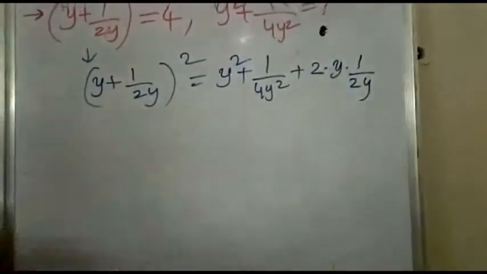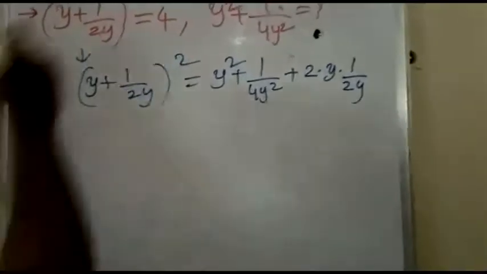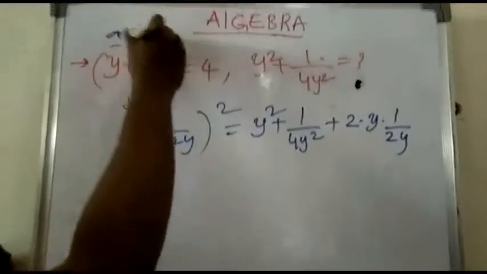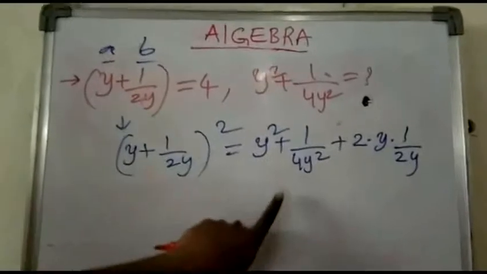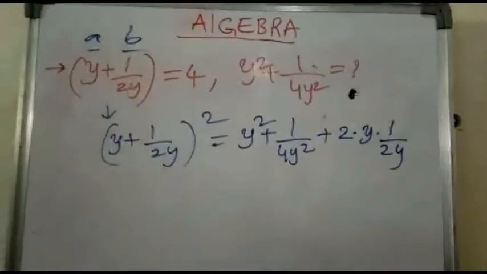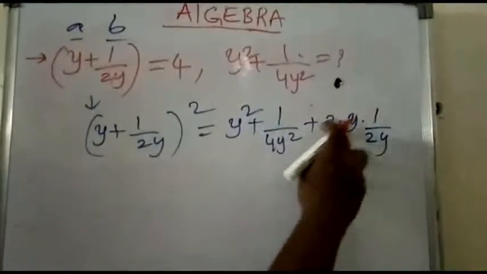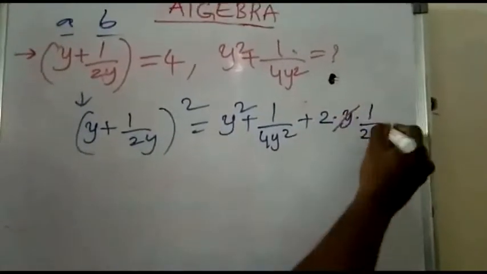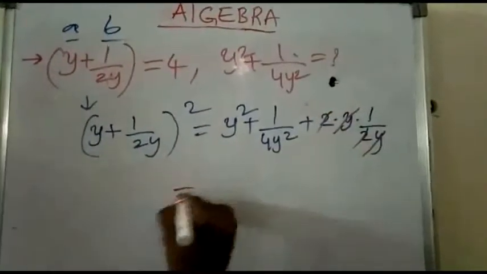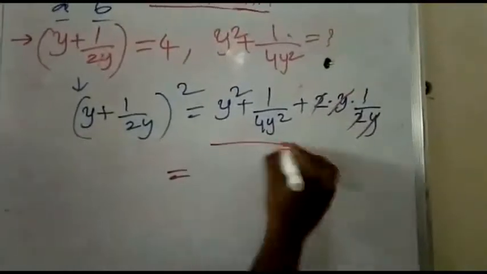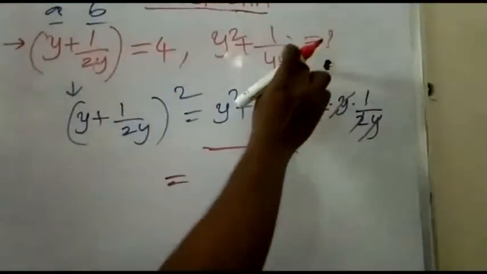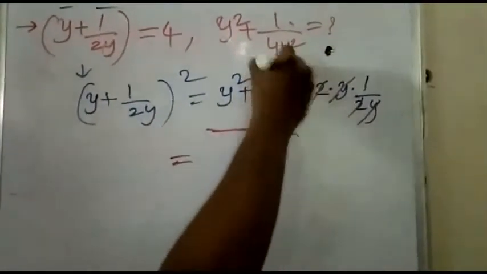Let us assume this is a and this is b. Then this is the final equation: y square plus 1 by 4y square plus 2y into 1 by 2y. y will be cancelled, 2 will be cancelled. So what is the remaining? This is y square plus 1 by 4y square. We require this.